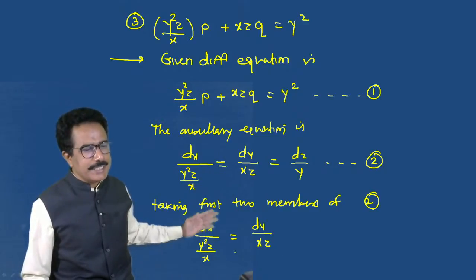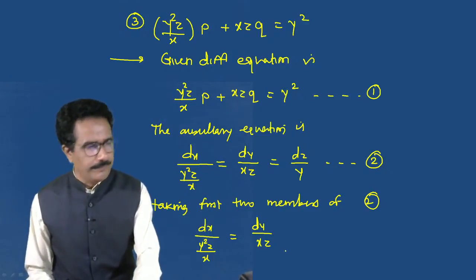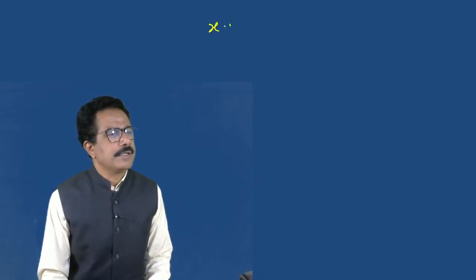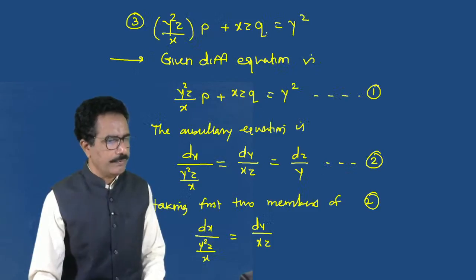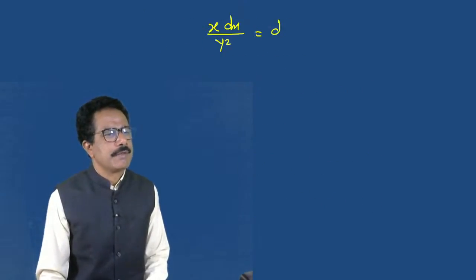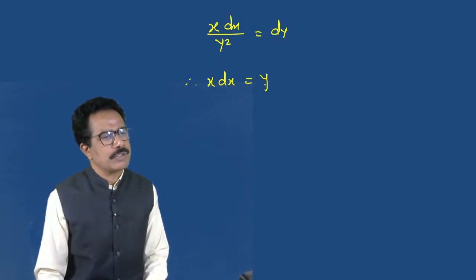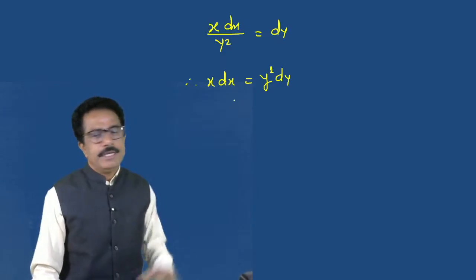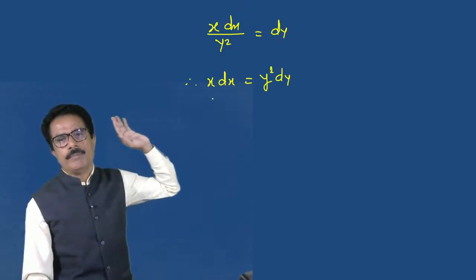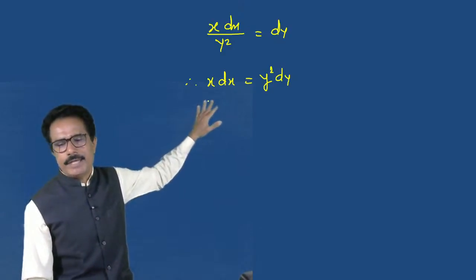We can cancel this z, so we can write x dx divided by y square is equal to dy. So we can write x dx is equal to y square dy. Now this is the variable separation form.